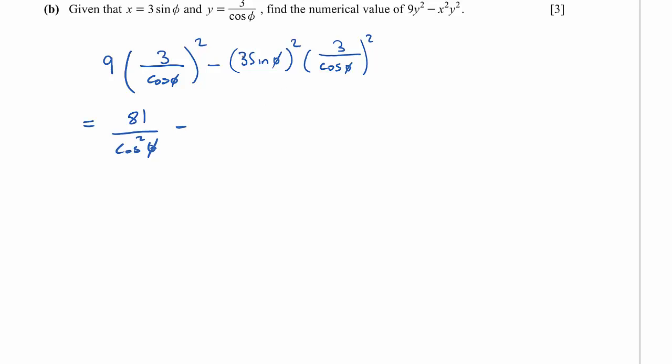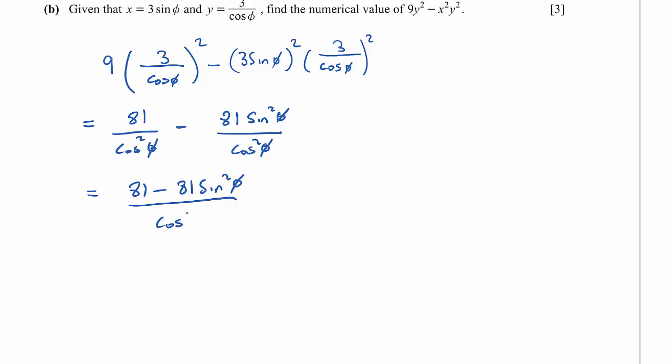Take away, so we're going to get 3 squared out of there, 9, 3 squared out of here, so that's going to be another 81. And we'll have a sine squared phi, and on the bottom we'll have a cos squared phi. So that's quite nice. We've got the same denominator, so I think I can see where this is going now. We've got 81, take away 81 sine squared phi, all over cos squared phi.